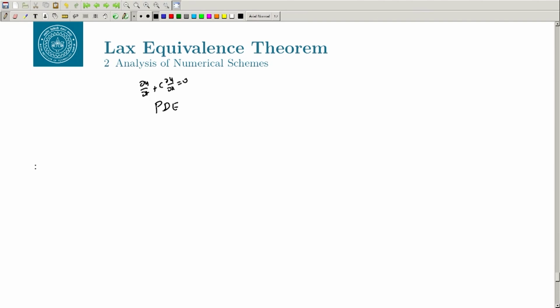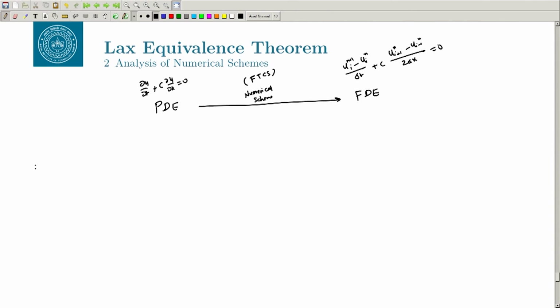Then you apply a numerical scheme on this, for example FTCS, and when you apply a numerical scheme you will get an FDE, which is the finite difference equation, and that will look like, in this case, u i n plus 1 minus u i n by delta t plus c times u i plus 1 n minus u i minus 1 n by 2 delta x is equal to 0.